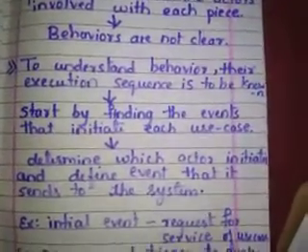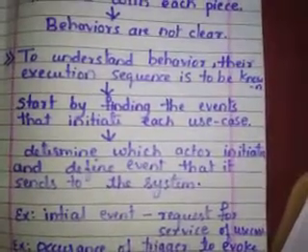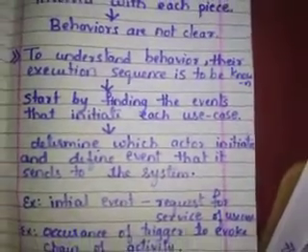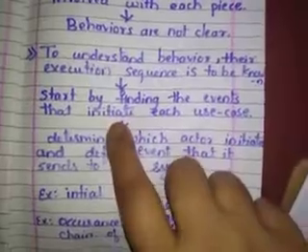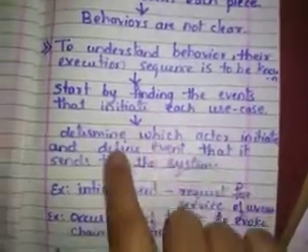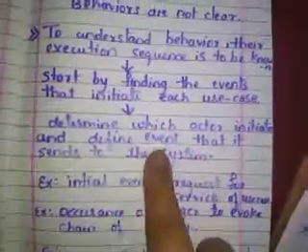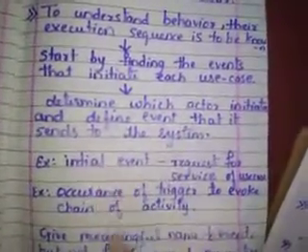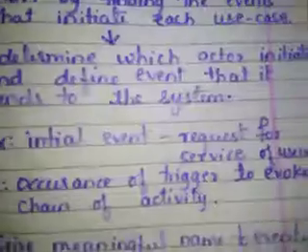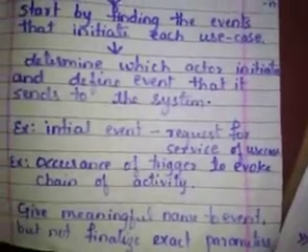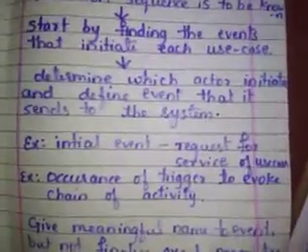So which starts with finding out the initial event, that is, find out who initiates this particular use case, determine which actor initiates and define the event that is sent to the system. For example, many a time when we are explaining the initial events, they will always be a request for the service.